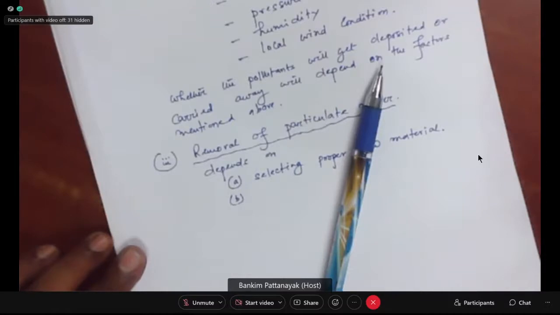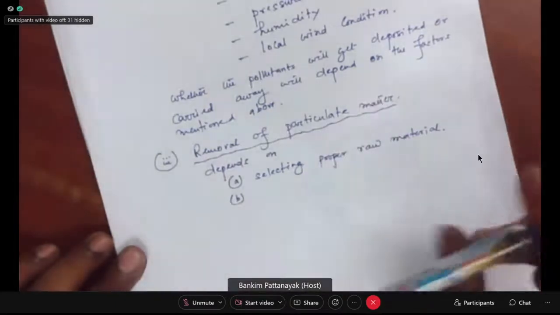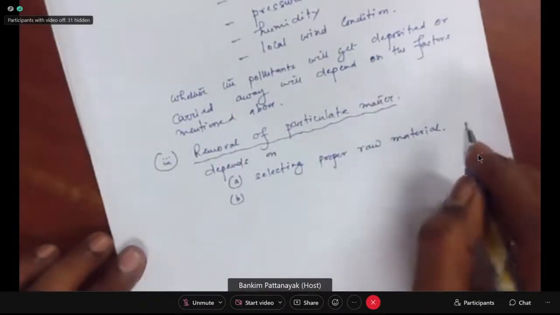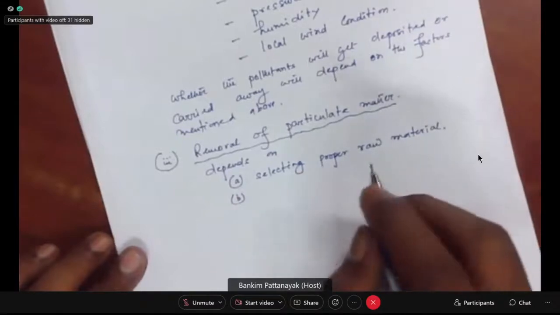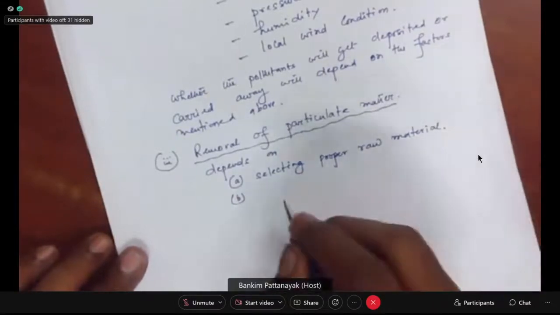You put the atta on a sieve and shake it, and particles larger than the mesh size of the sieve will not escape through. Therefore you segregate the particles by doing that. So selecting proper raw material is also important for the removal of particulate matter.